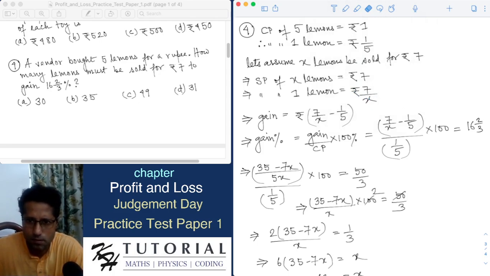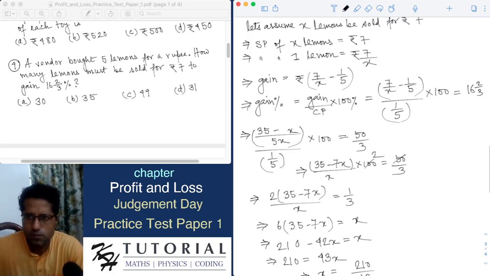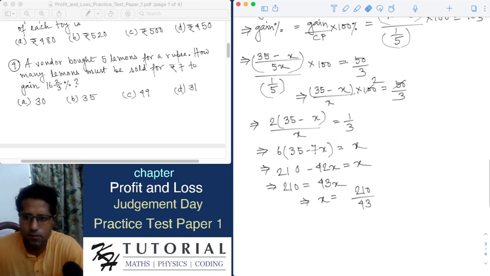So this will be 35 minus x, and then we have 6x equals x, and so 210 equals 7x, and x equals 210 divided by 7, which is 30.